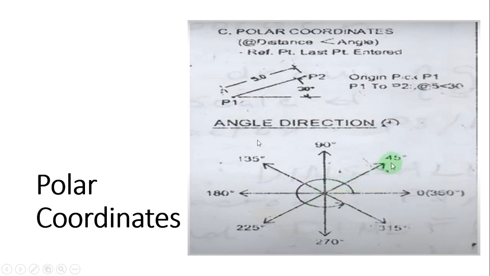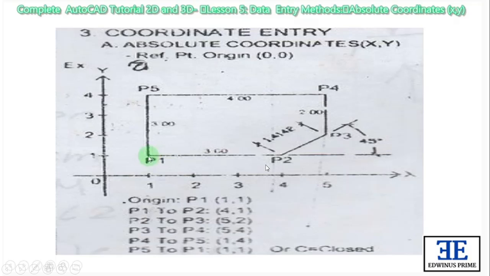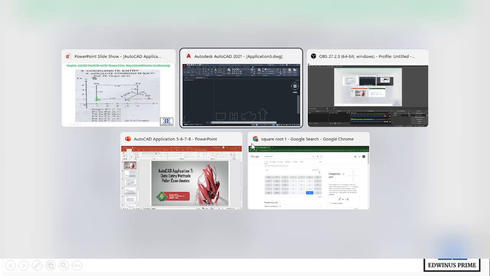For our polar coordinates, let's apply this @ distance angle in this example. This example was used for the absolute coordinates in our previous video, video number 5, and also applied in video number 6 for the relative coordinates. For our sample, let's do this example figure.